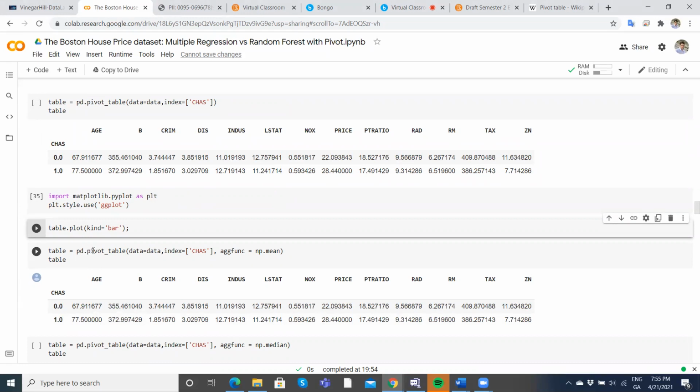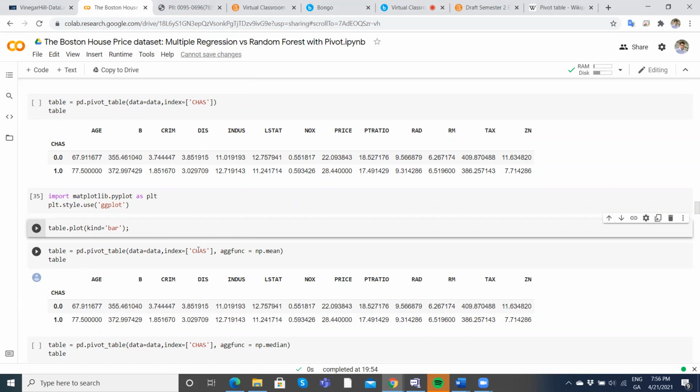So using, again, pd.pivot_table, saying the data is equal to what? It's the data. Remember, we referred to the Boston data set here, we created an object and called it data. So it's a data frame with 506 rows, 14 columns. And we then create an index, which means split the data up into the categories. And the Charles River is a binary type thing.